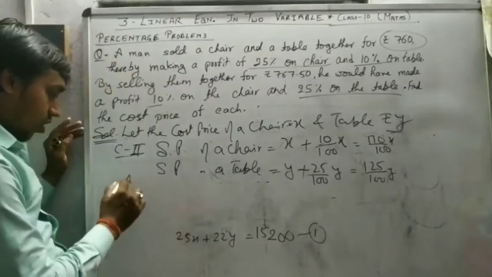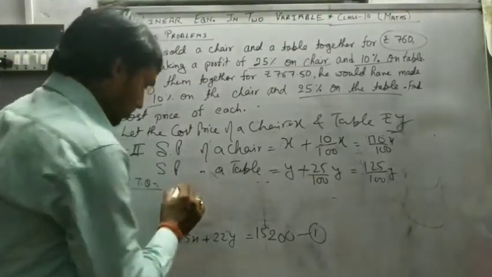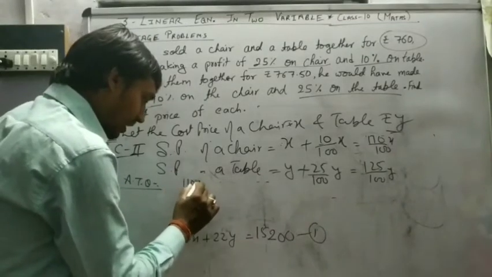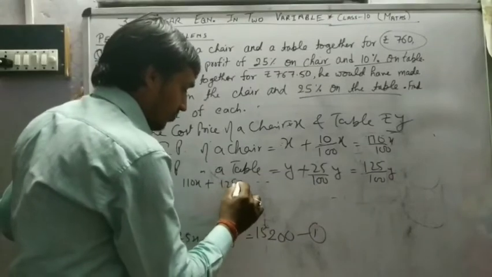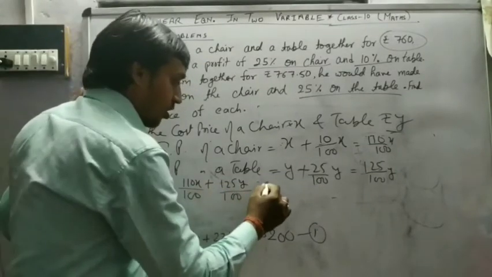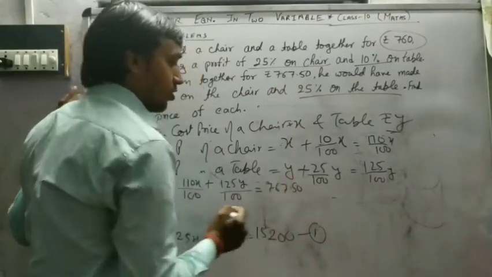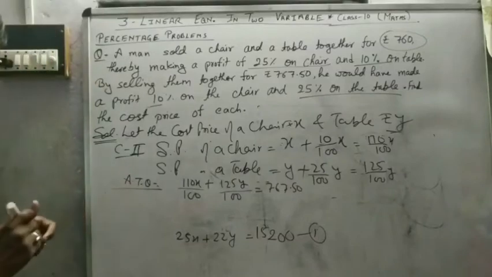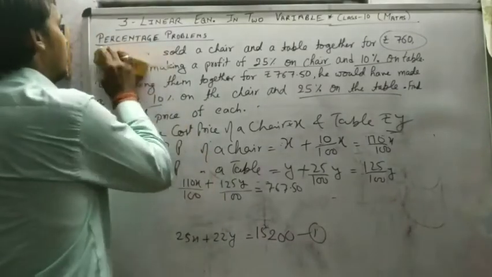So according to the question, 110x plus 125y is equal to 767.50. Okay, you have to rough the question.